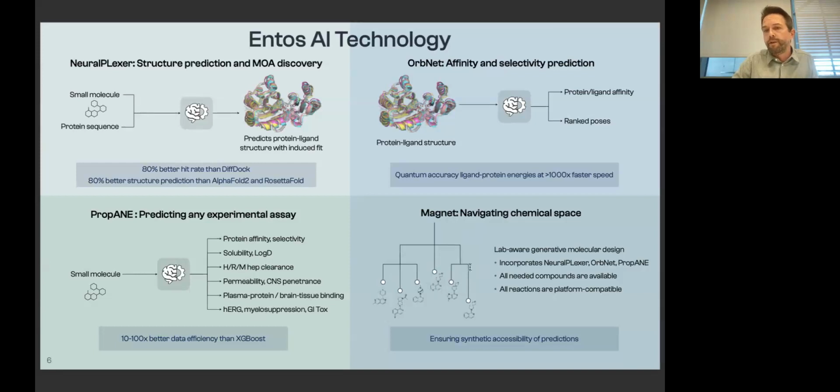And we do that all within a framework that we call Magnet, which is a generative AI tool for predicting molecules that would be optimal according to the predictions of these other methods, and doing that in a way that's cognizant of our platform and the synthetic accessibility of our chemistry capabilities in a high throughput manner.